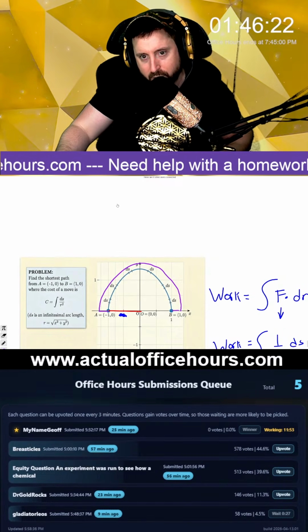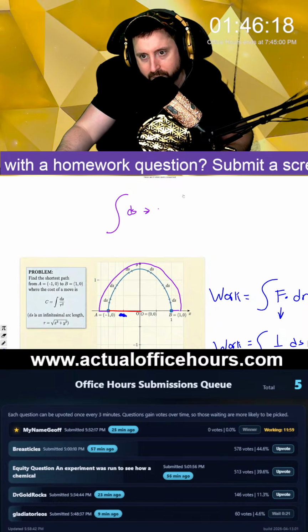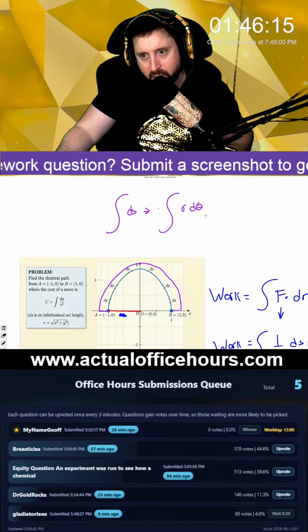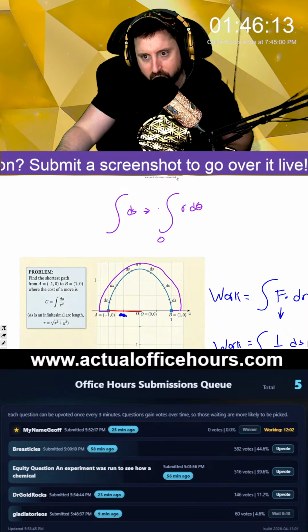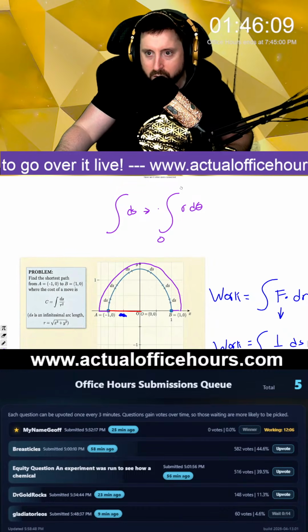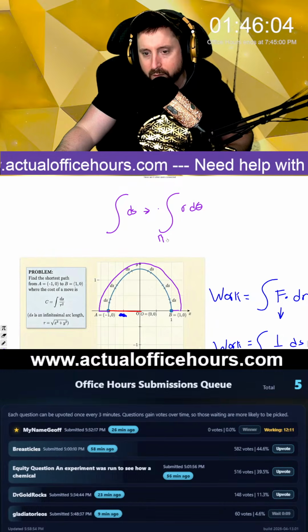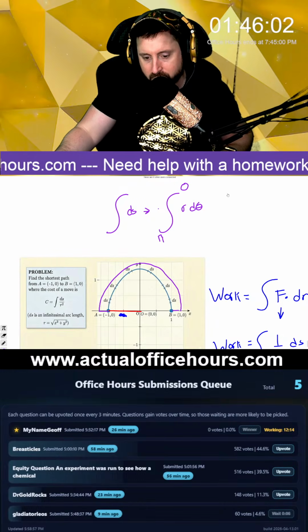If we did this in polar coordinates, ds would become the integral of r d theta, going from pi to 0.